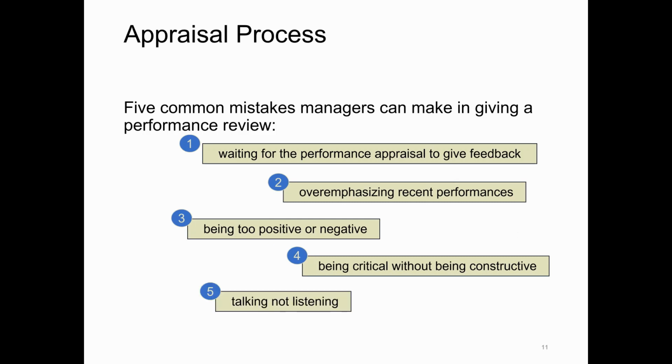What are the five mistakes managers make in performance review? The first and foremost is waiting for the performance appraisal to give feedback. As we already talked about, one should not wait till the day of the performance appraisal.